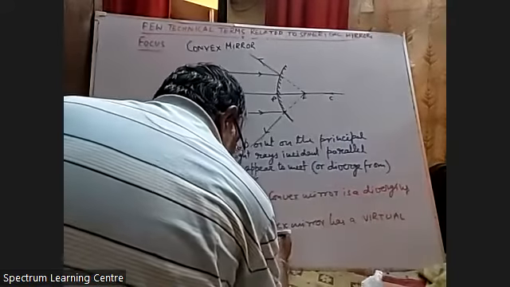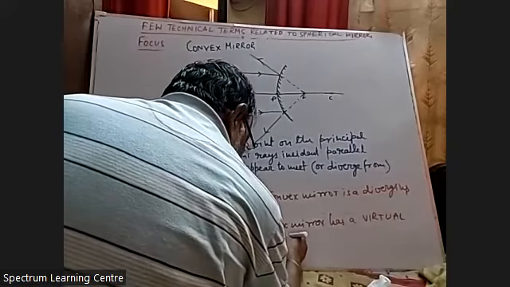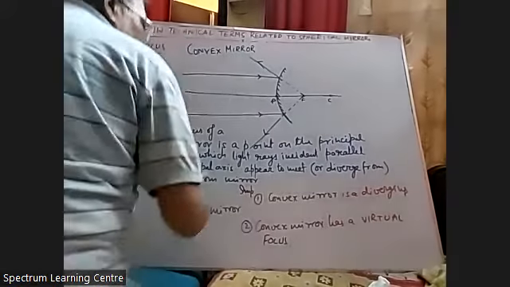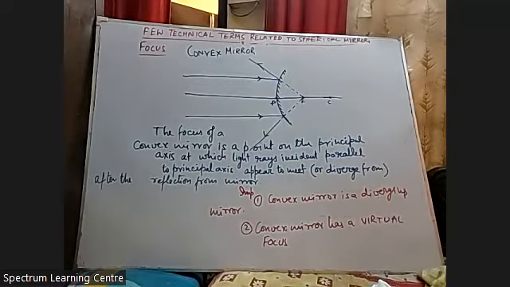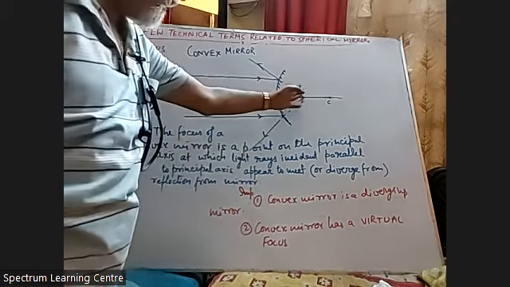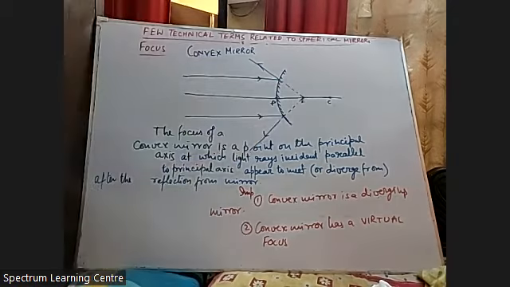Virtual means imaginary. It is not real actually, because the incident rays are not actually intersecting each other. But it looks like they are diverging from that point, or appear to meet at that point. Is this clear? Yes, sir.